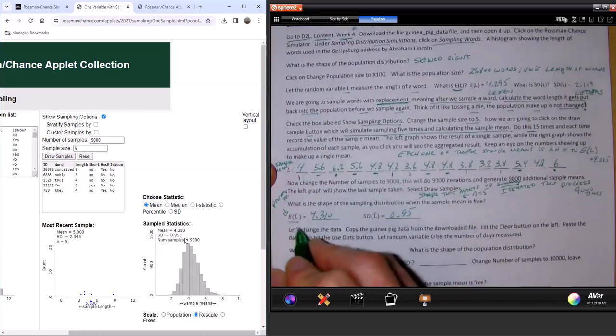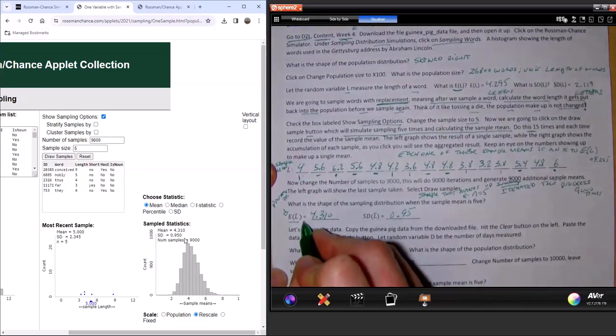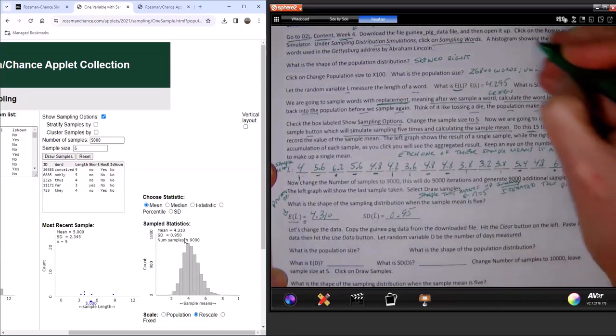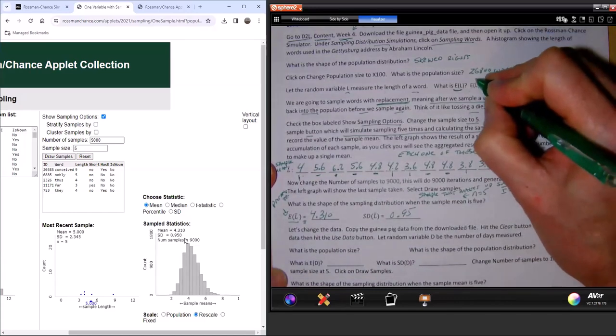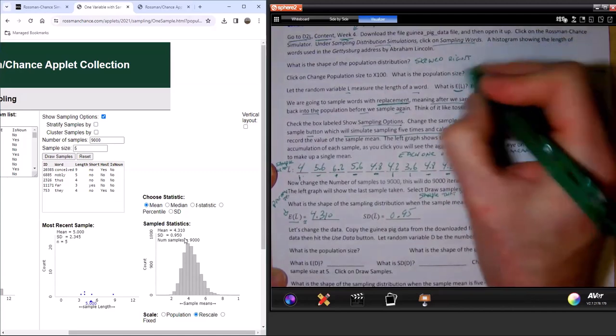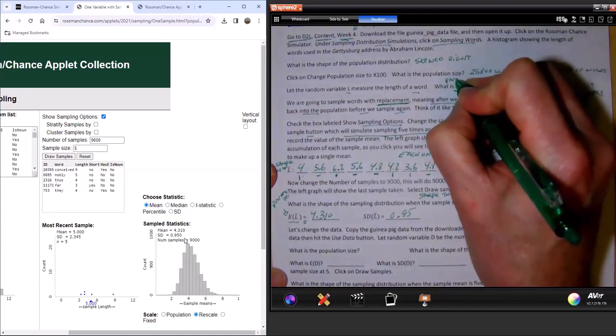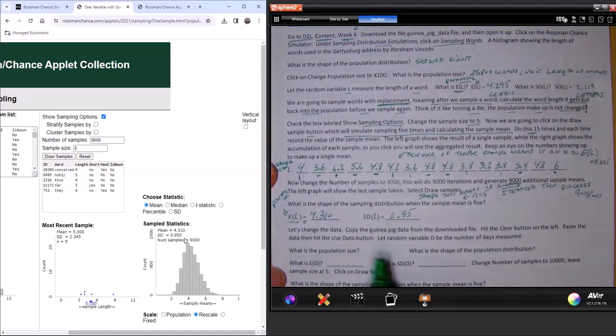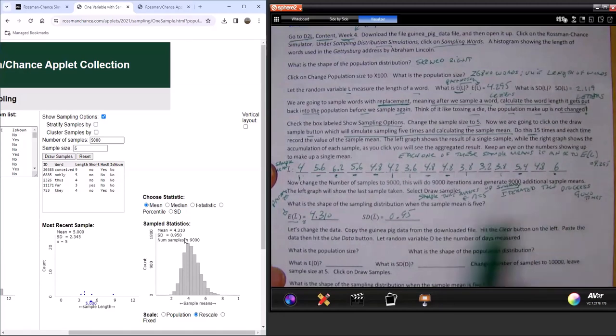I do have equal signs here because I'm trying to say these are supposed to be the parameter, but because I only iterated this 9,000 times, it's really still a sample, even though the symbol is of a parameter. This one is a parameter because I know exactly the number of words there were. It was 26,100, so this is definitely a parameter. That's not a sample, because I defined the population to be those 26,800 words. But here I've only iterated 9,000 times.